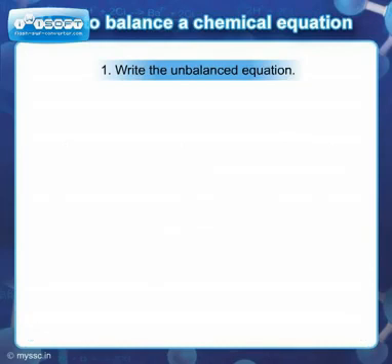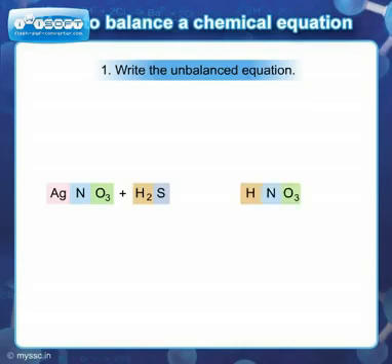Let us write the reactants, that is silver nitrate and hydrogen sulfide, on the left-hand side. Write the products, that are hydrogen nitrate and silver sulfide, on the right-hand side. Separate the reactants and products by putting an arrow between them to indicate the direction of the reaction.